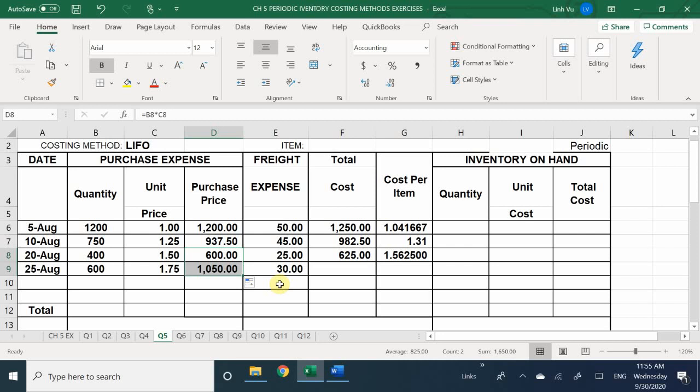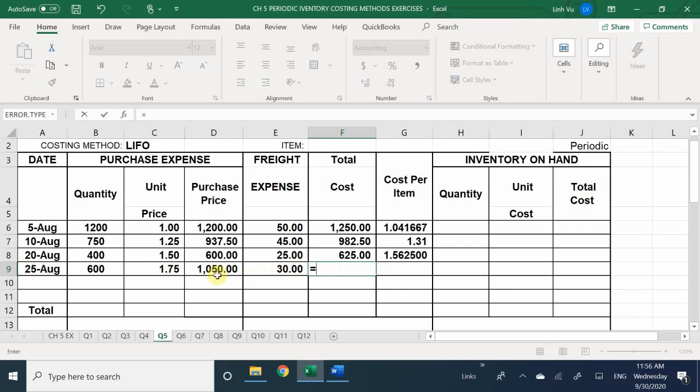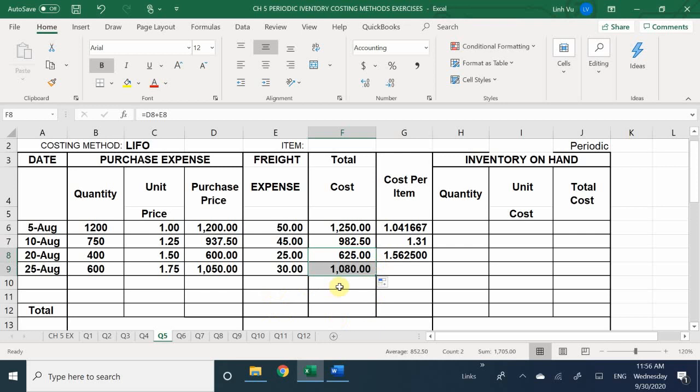And then my total cost here is going to be my purchase price plus my freight of $30, which is going to give me a grand total of $10.80. Okay. And then lastly, my cost per item is going to be $180 even. Okay, so because I know it's $180 even, I'm going to go ahead and shrink that.